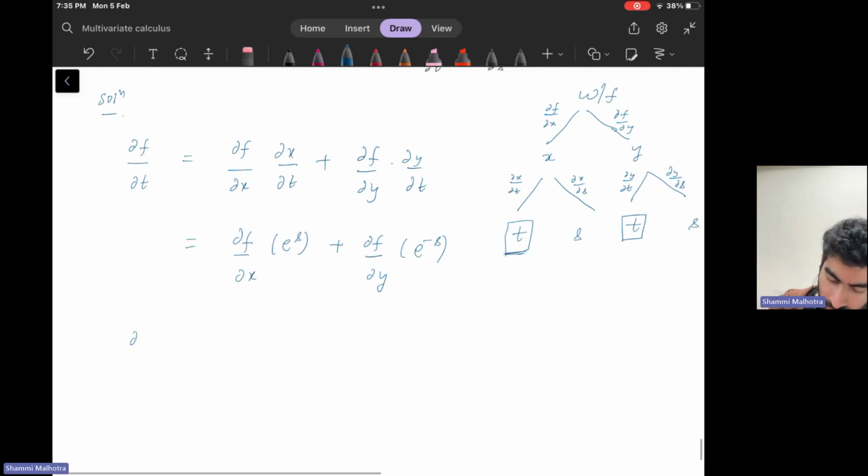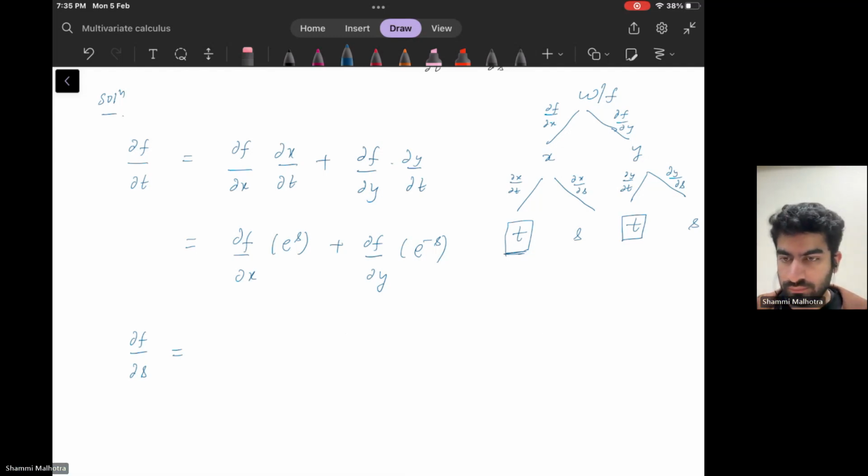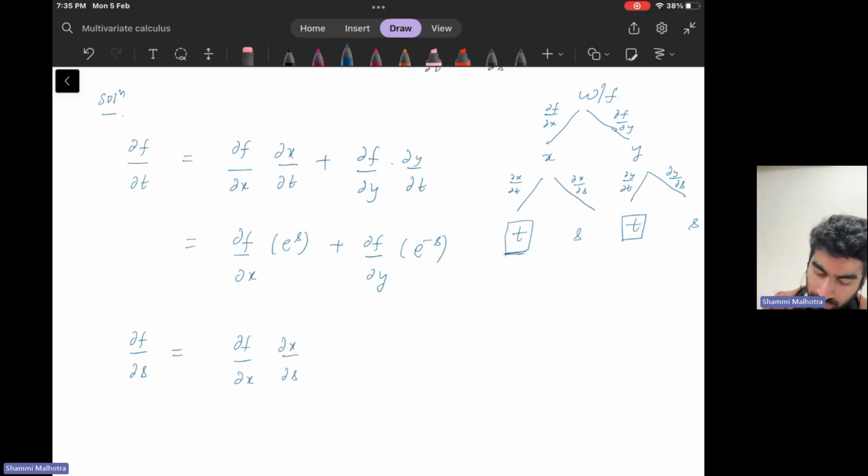Likewise, let us try to find del f by del s. This will be del f by del x times del x by del s. That's how I'm moving down the tree. Then del f by del y and del y by del s.